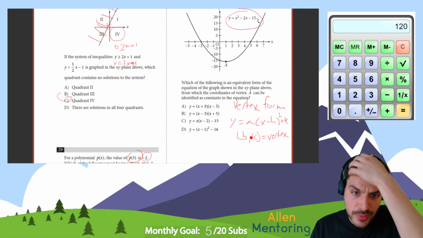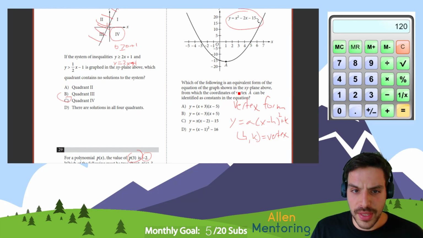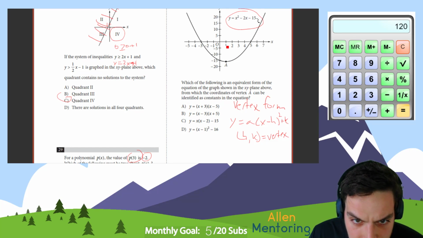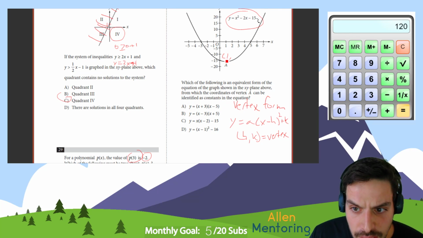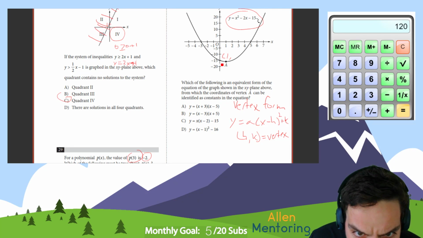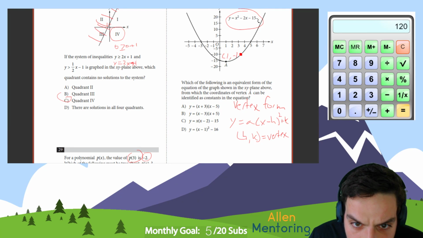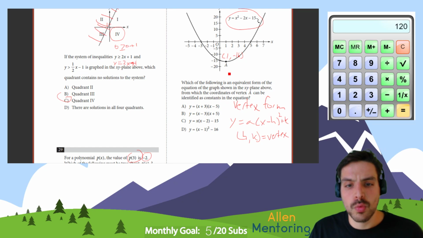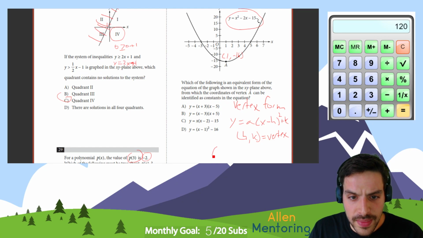So in our case, we're looking for something where the vertex is at x equals 1, and then down here it looks like it's about -16.